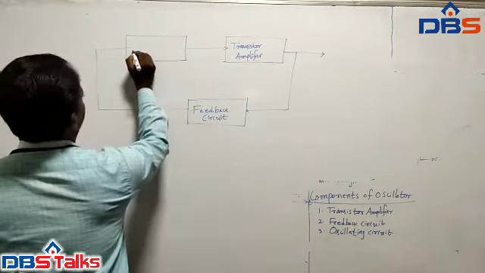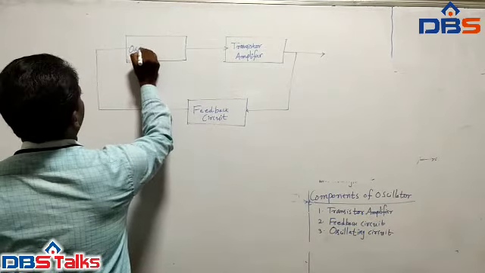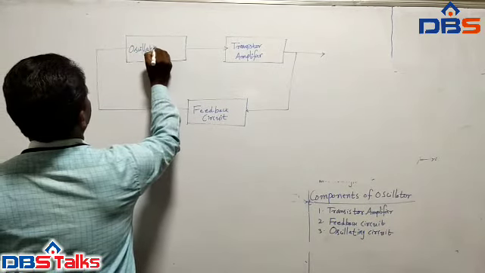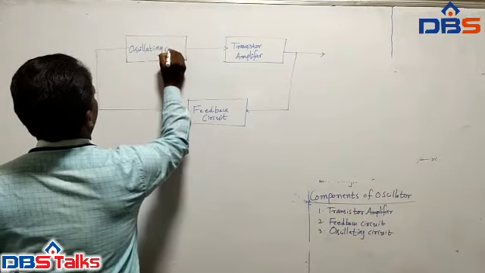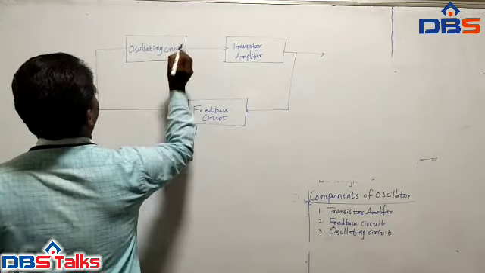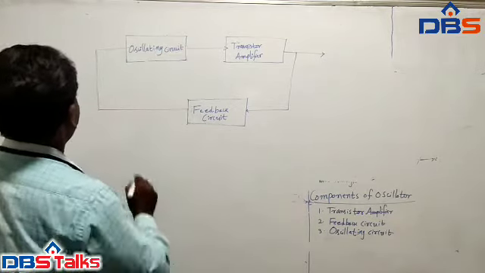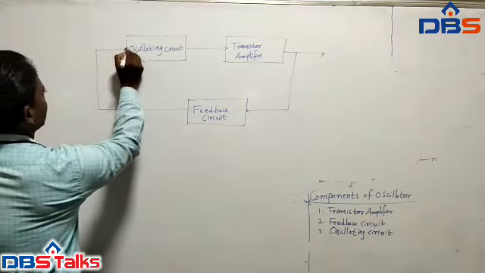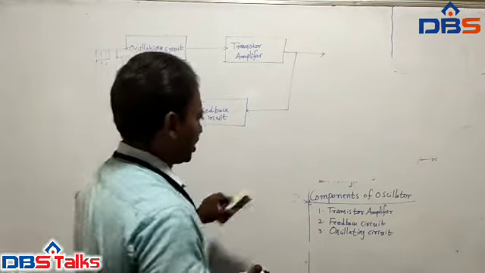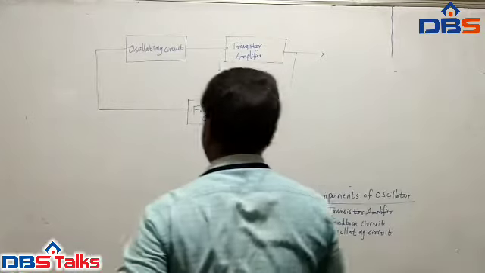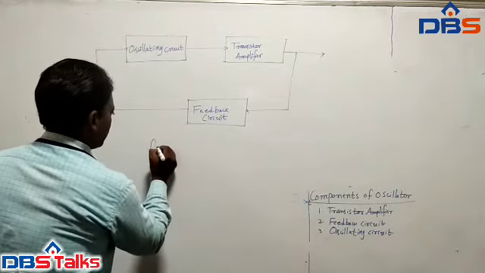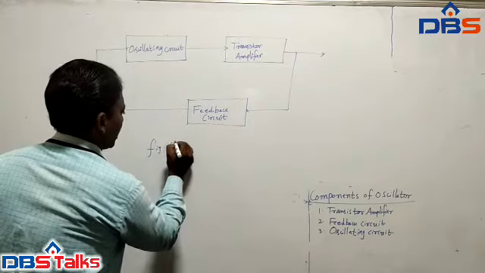Then this is the oscillating circuit. So this is the basic block diagram of an oscillator circuit.